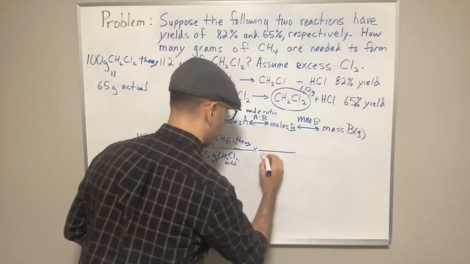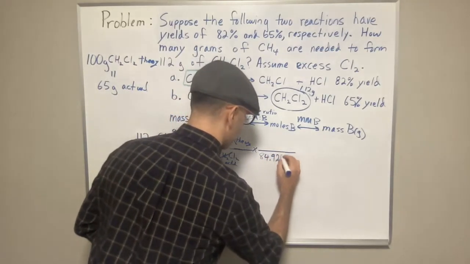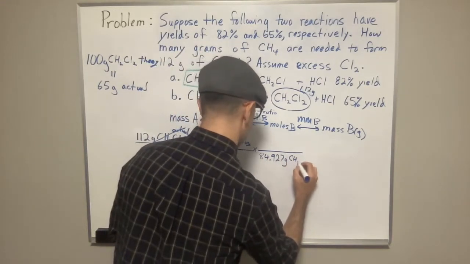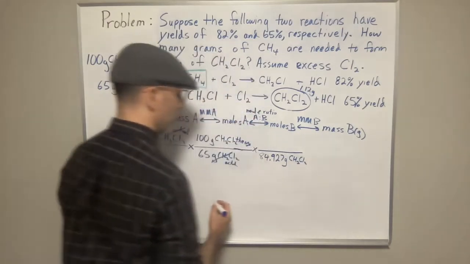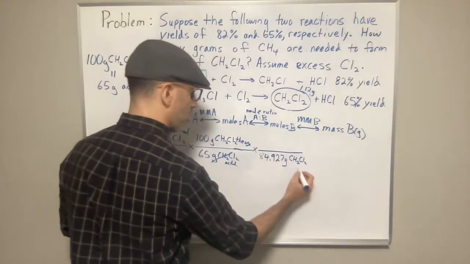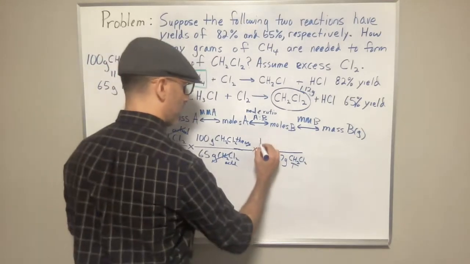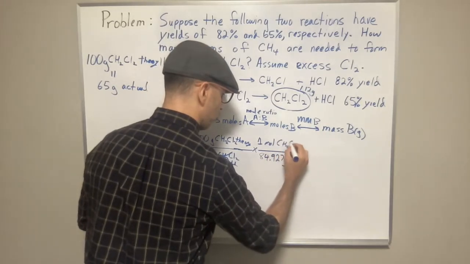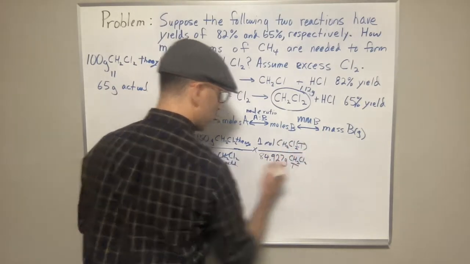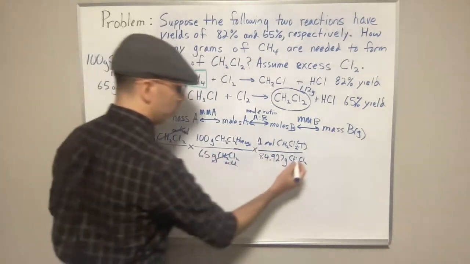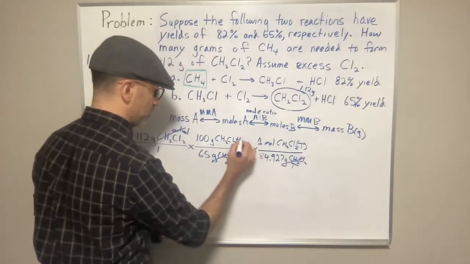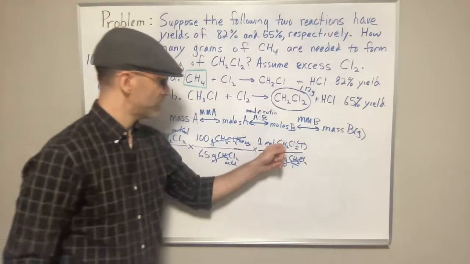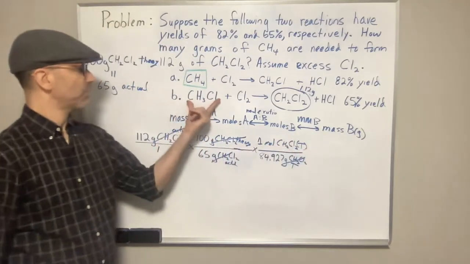So 84.927 grams of my CH2Cl2, I'm going to put T for theory, and then 1 mole of my CH2Cl2, T for theory. I'm going to cancel out my grams. So now I have moles of my CH2Cl2 theoretical.